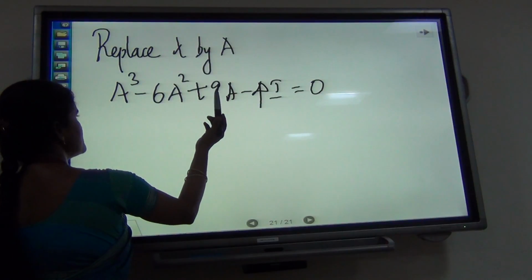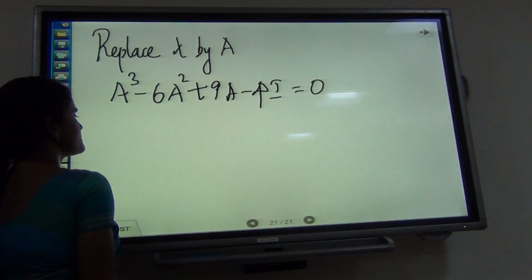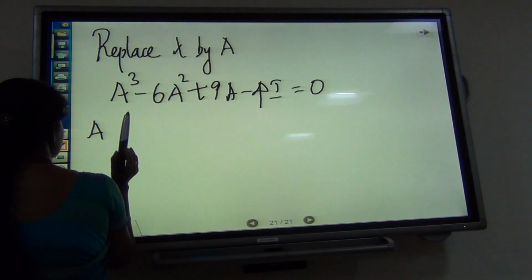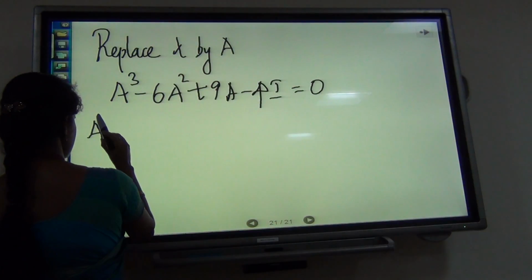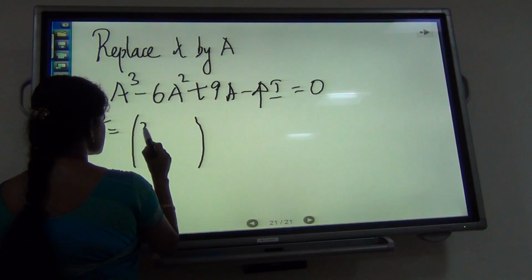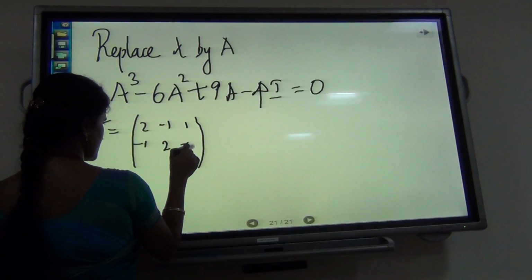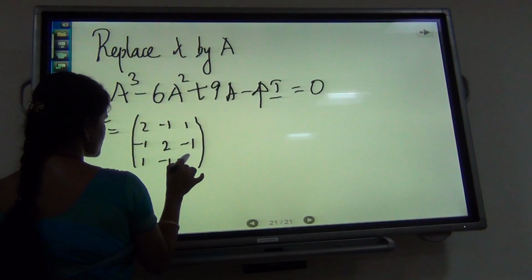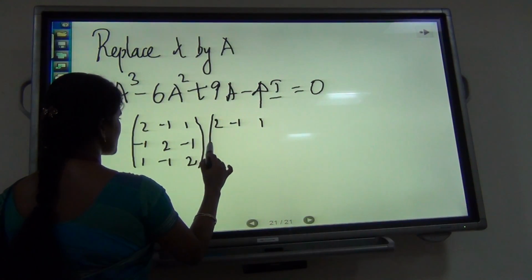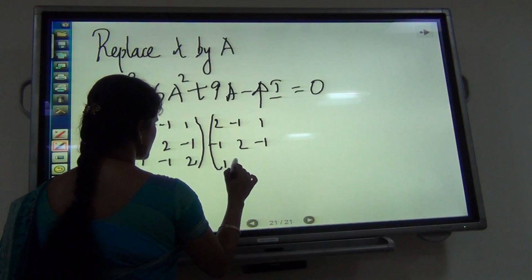So let us find A square, A cube, and then we combine all of this. How do you find A square? By A into A. So the matrix is [2 -1 1; -1 2 -1; 1 -1 2] times [2 -1 1; -1 2 -1; 1 -1 2].